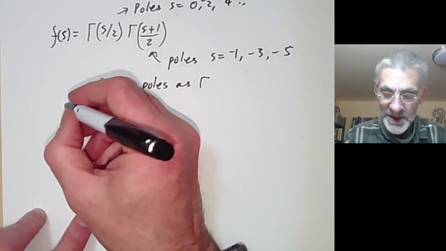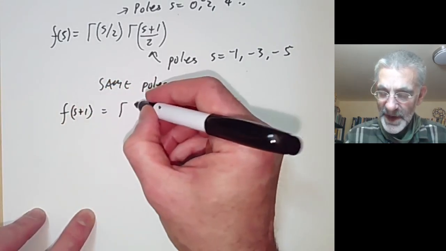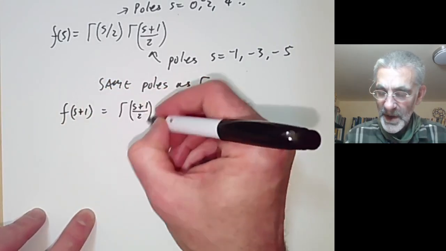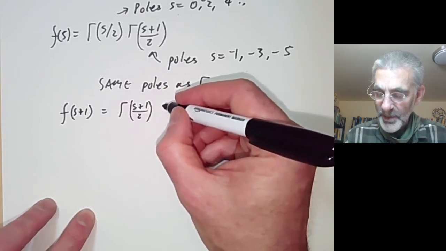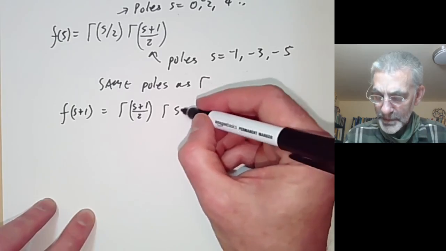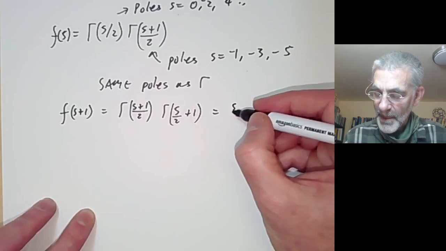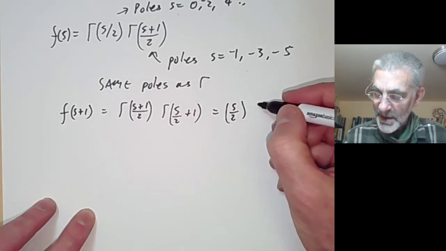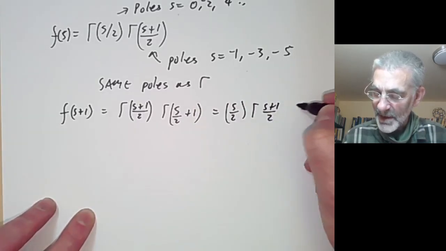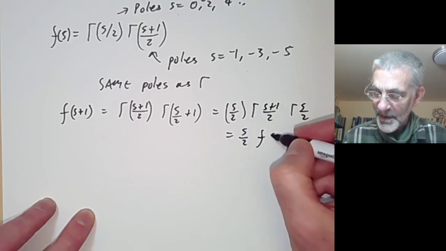Well, first of all, let's look at the functional equation. F of s plus 1 is equal to gamma of s plus 1 over 2 times gamma of s over 2 plus 1, which is equal to s over 2 times gamma of s plus 1 over 2 times gamma of s over 2, which is equal to s over 2 times f of s.